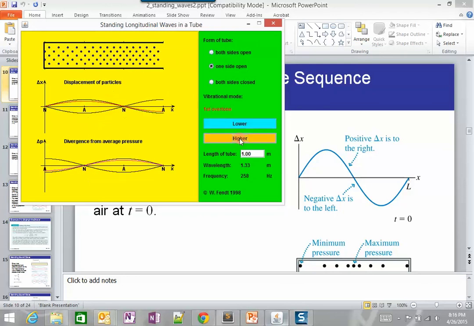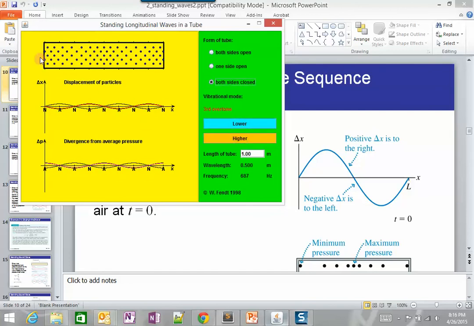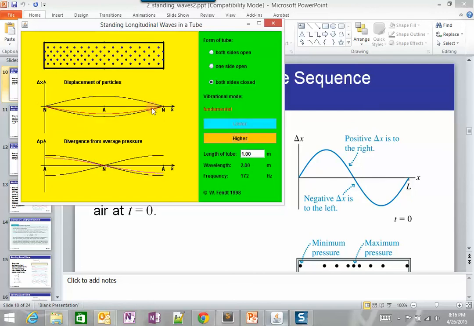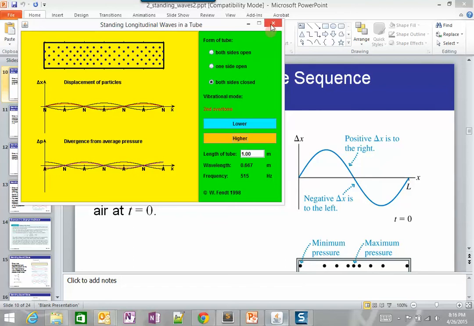Let's go to the first one, second one, third one. And if we have both ends closed, we have a node here and a node here. This is again your fundamental, and then you can see the higher modes.